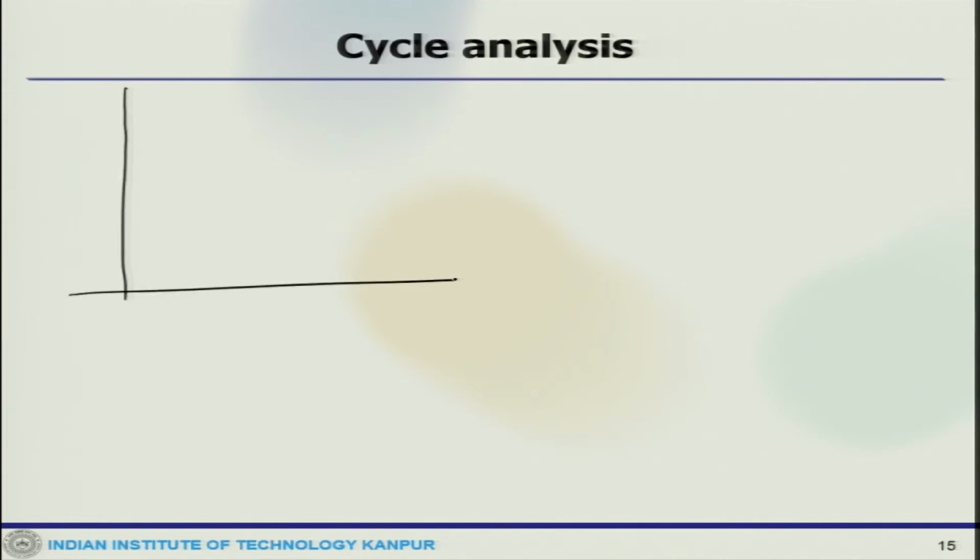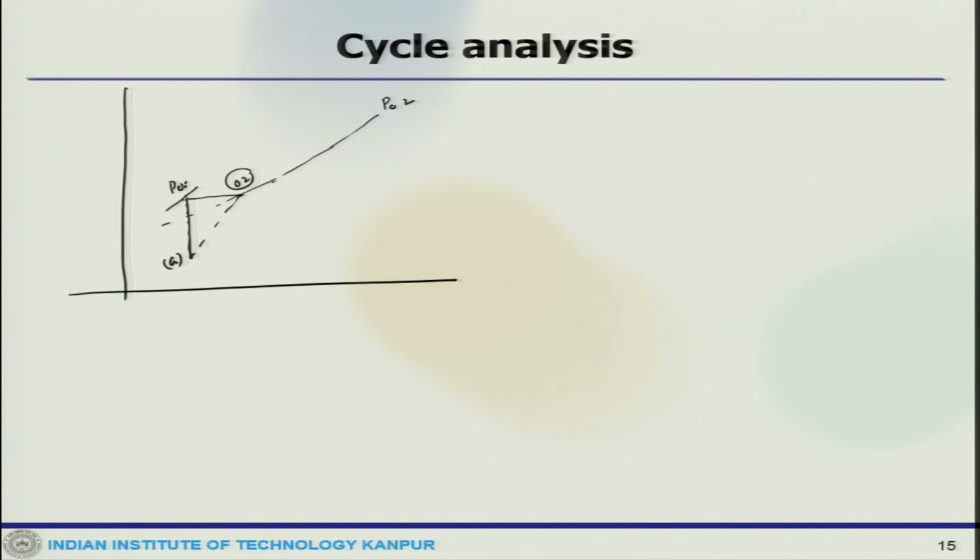If you plot that actual cycle, let us say this is the point P naught A, and this is the point 02, so this is P naught 2.